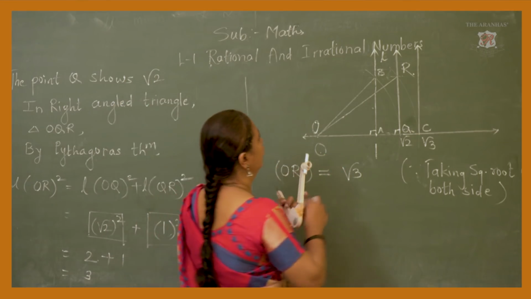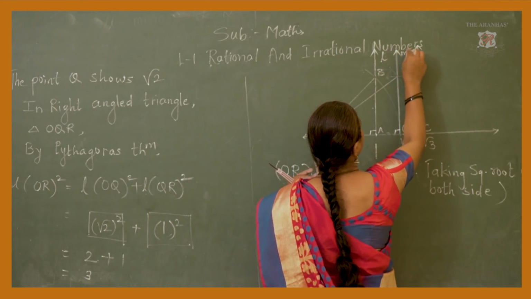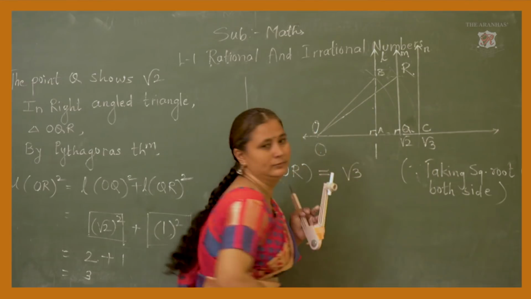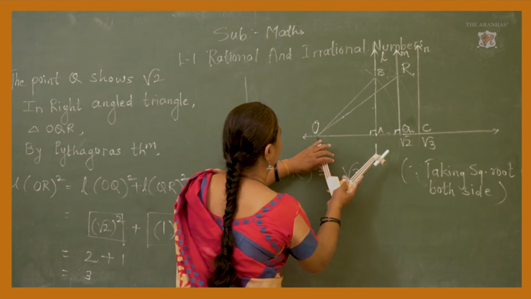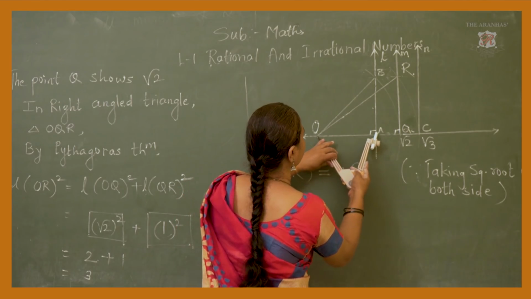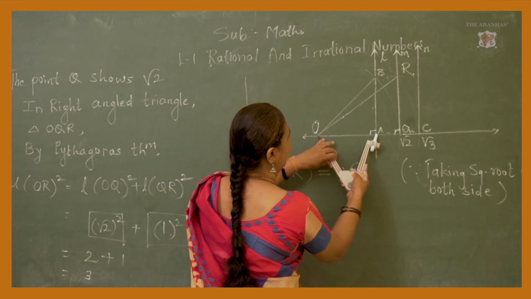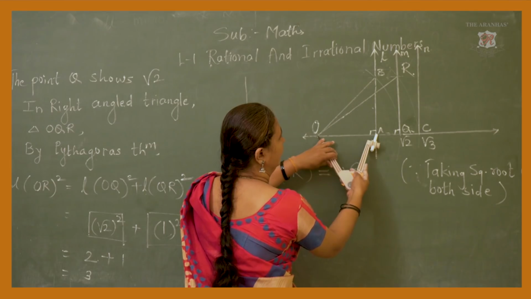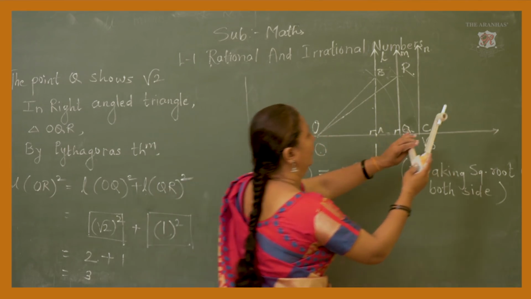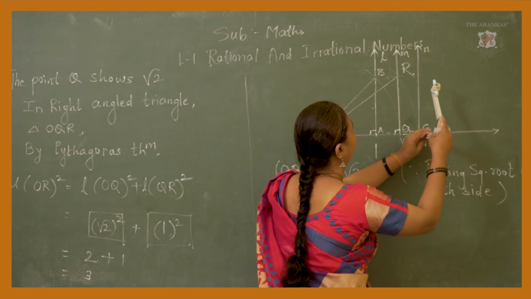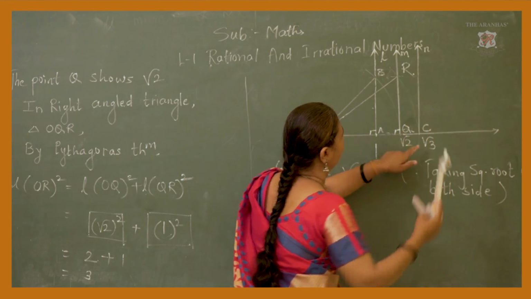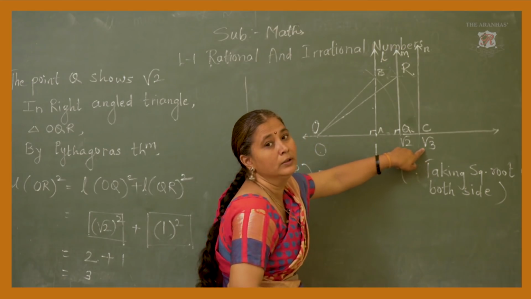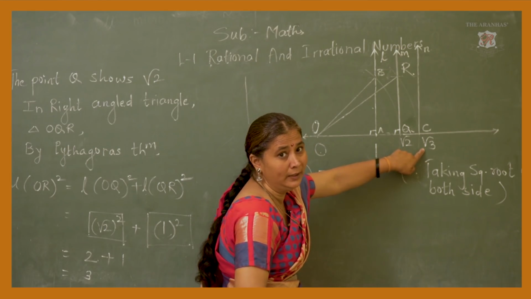Here it is line L, mention that M, and here it is N. Now, see here, the distance of OA is equal to 1 unit, take that distance, and this distance you have to take on line N, where you got the number root 3 on the number line.